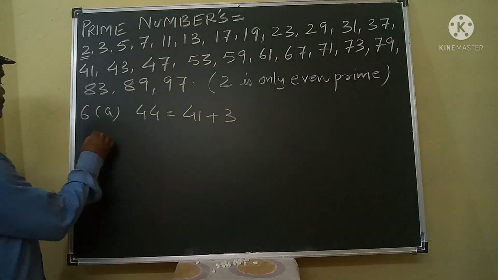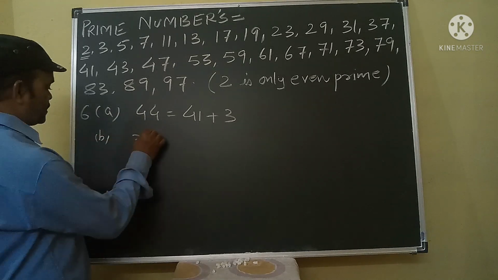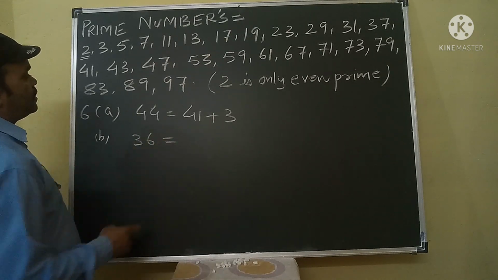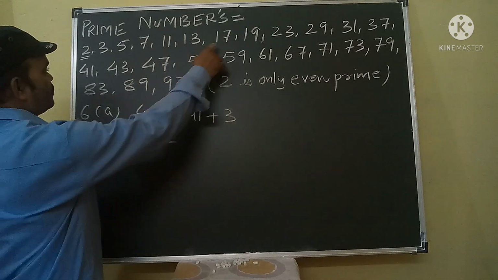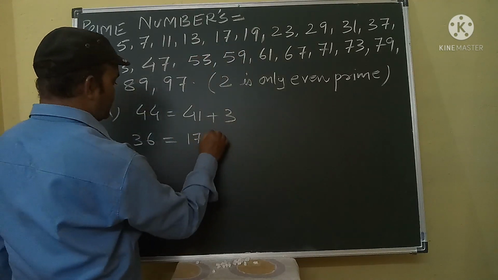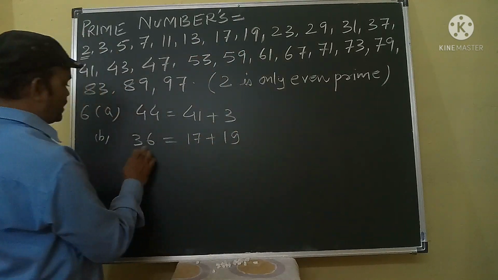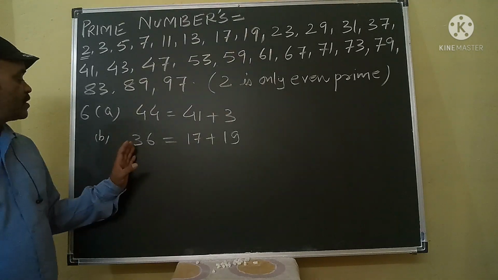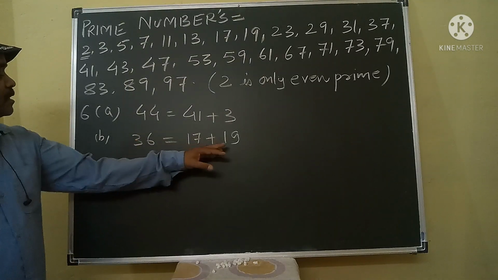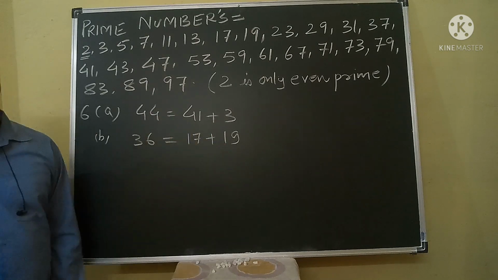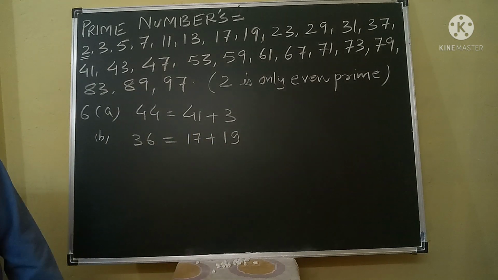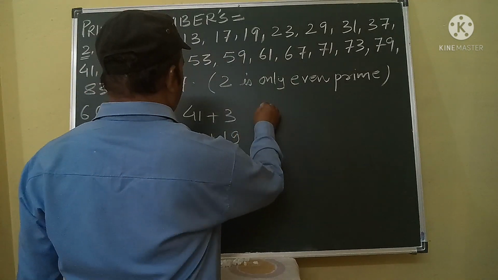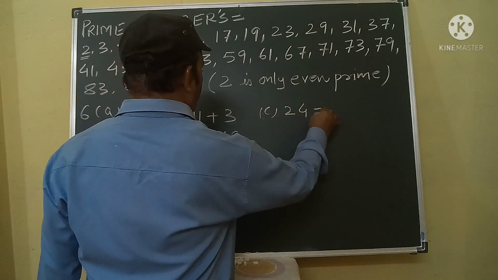Then 6b, 36. What will you write? 36 as the sum of two odd primes is 17 plus 19. 17 plus 19 is equal to 36. Then 6c, 24.